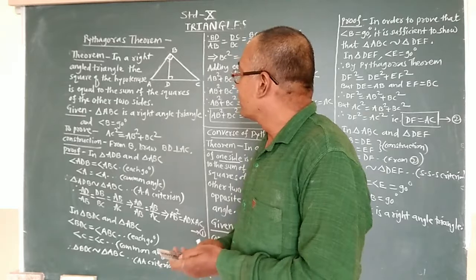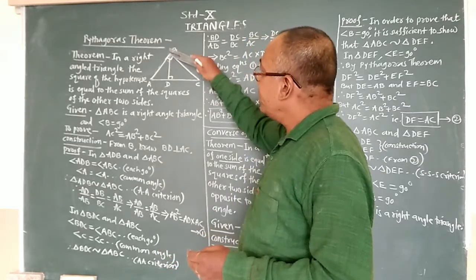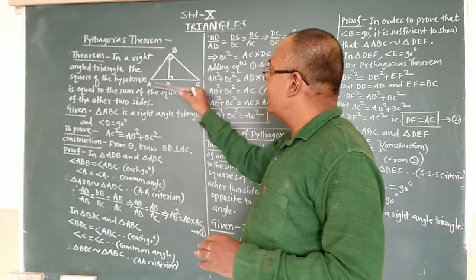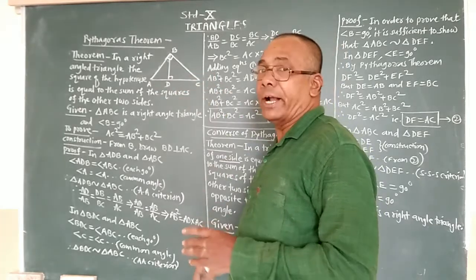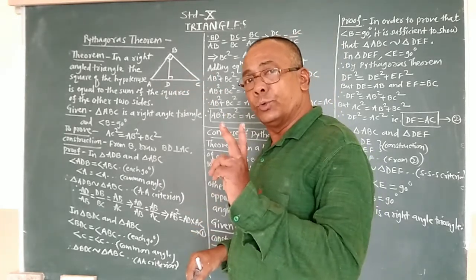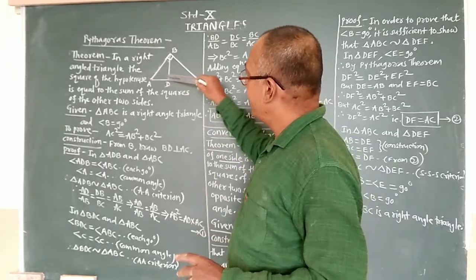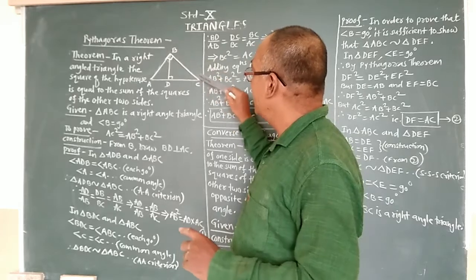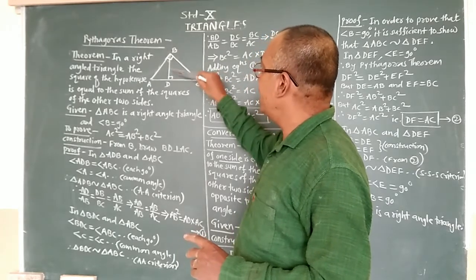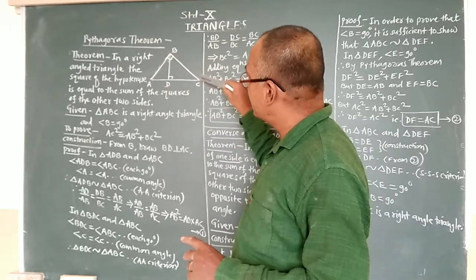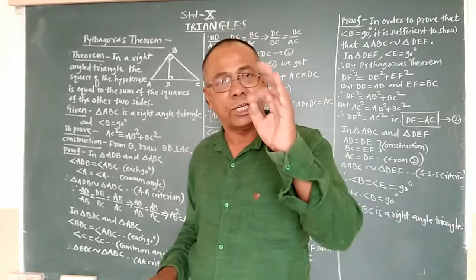Due to the perpendicular, our original triangle ABC is divided into two more triangles, means triangle ADB and triangle CDB, and our original triangle is ABC, means in all there are three triangles.